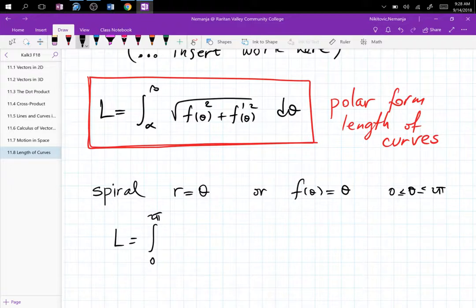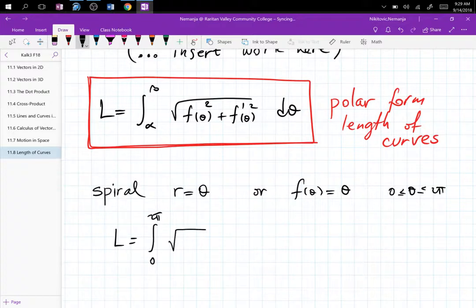If you have 2 revolutions of a spiral, go to 4 pi. 6 revolutions, go all the way to 12 pi. Or half of a revolution of a spiral, 0 to pi. So 0 to whatever pi you pick is going to be how much of a spiral you want.